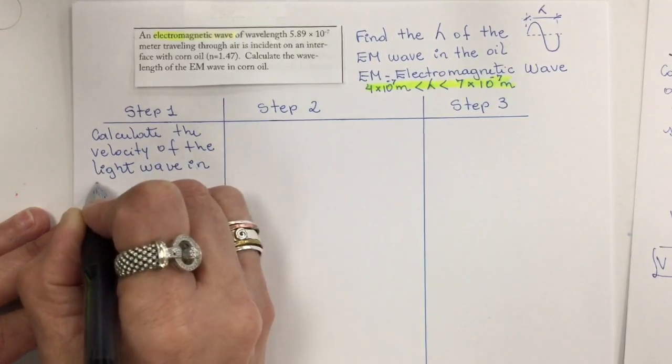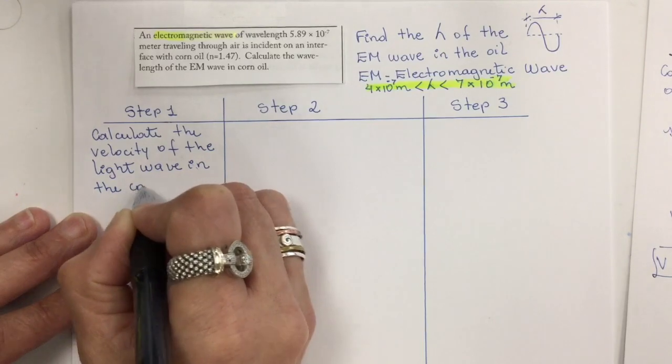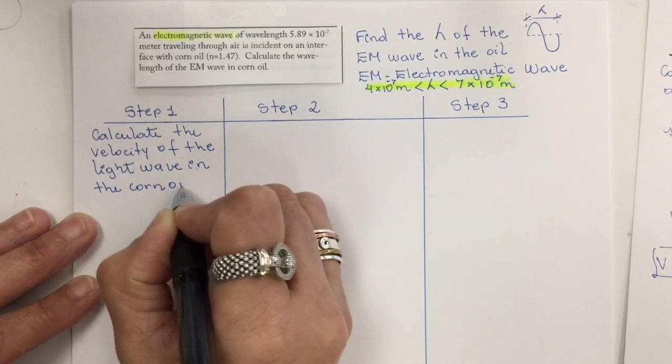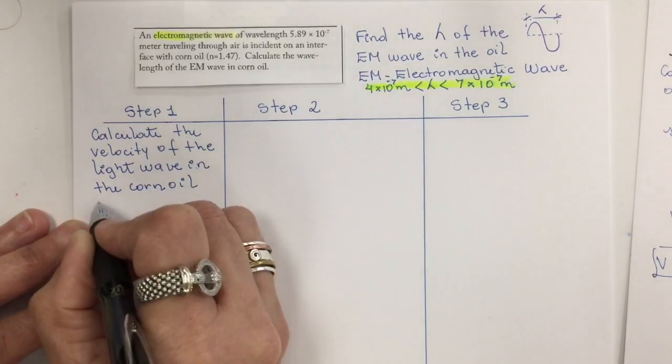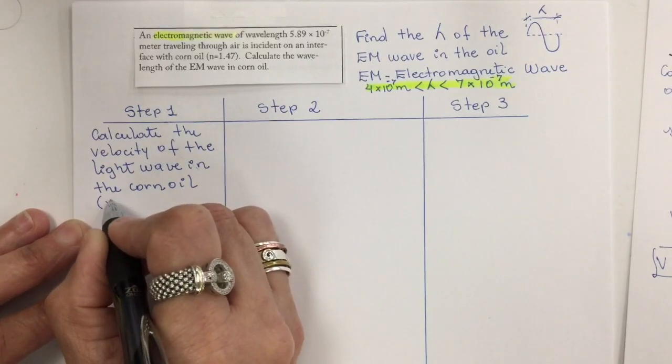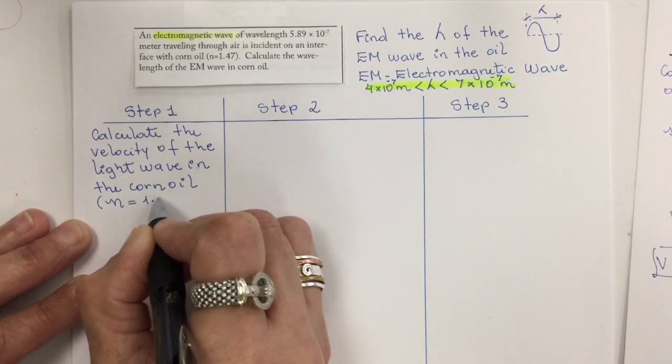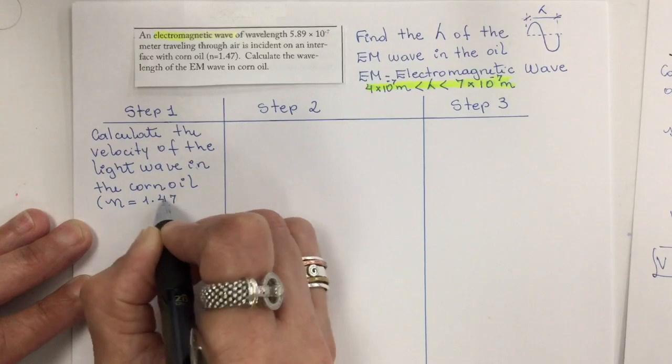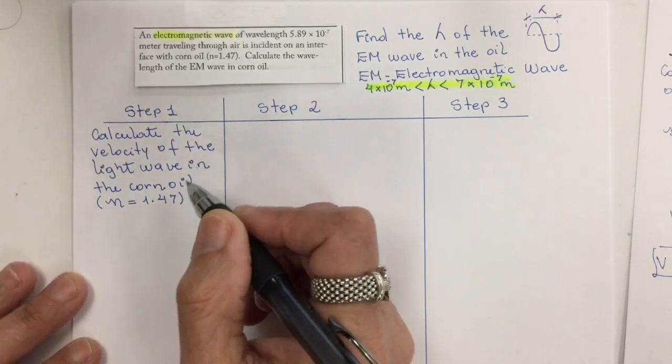in the corn oil with an index of refraction n equal to 1.47.